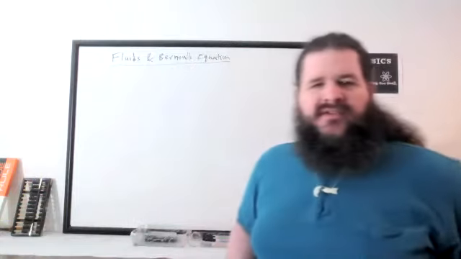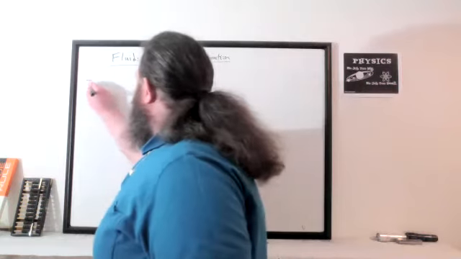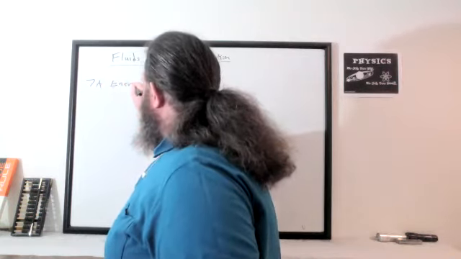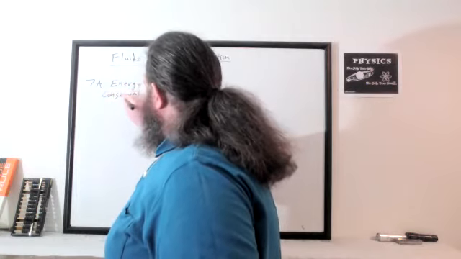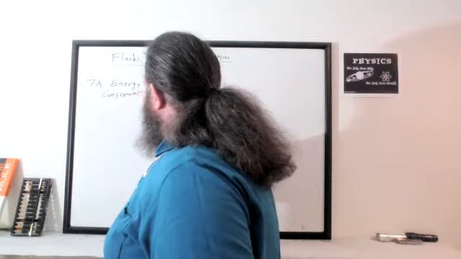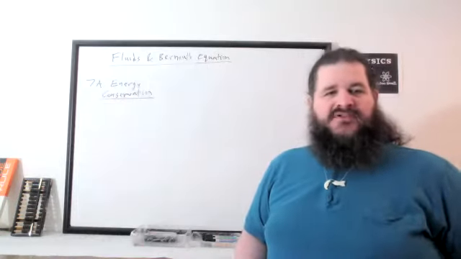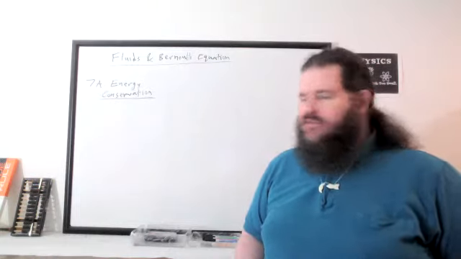If we want to compare this to what we were looking at in 7A with the conservation of energy, in 7A we were looking at a system that has maybe several different types of energy, but as time passes, the total energy doesn't change.